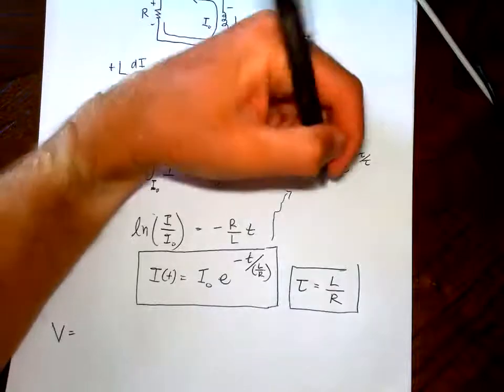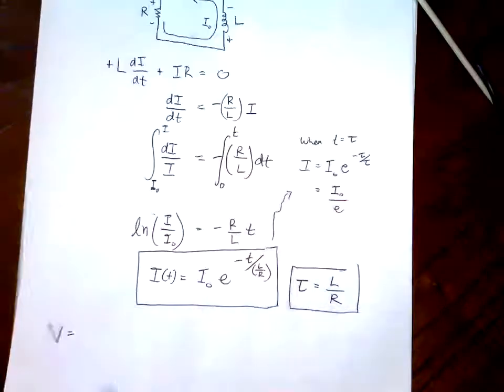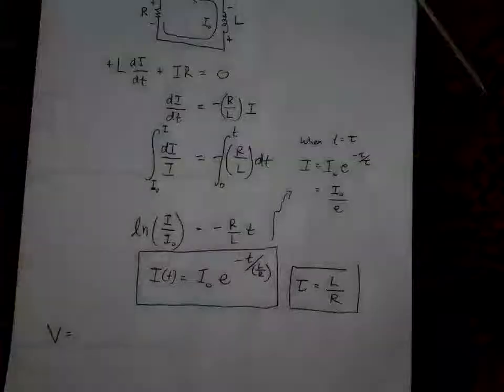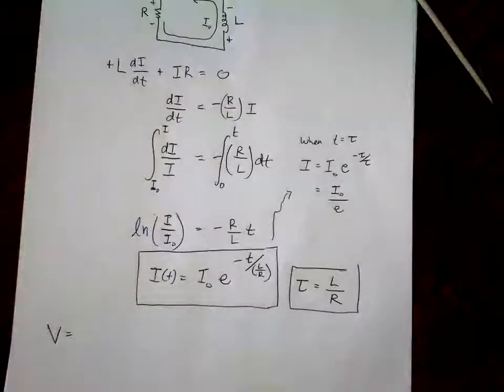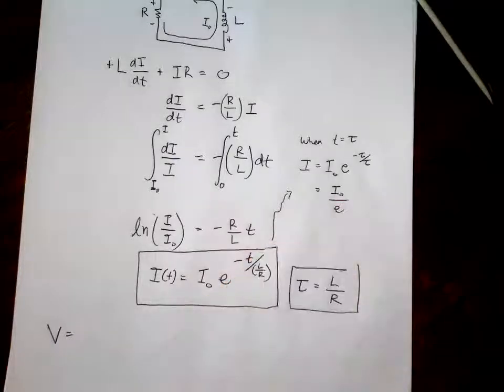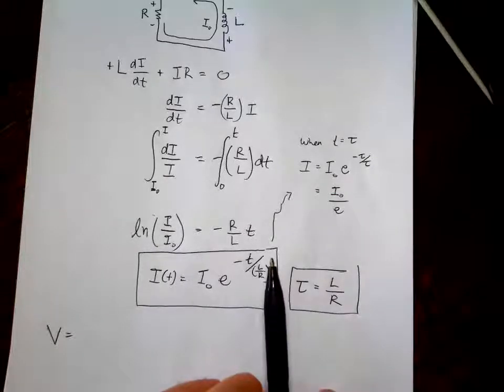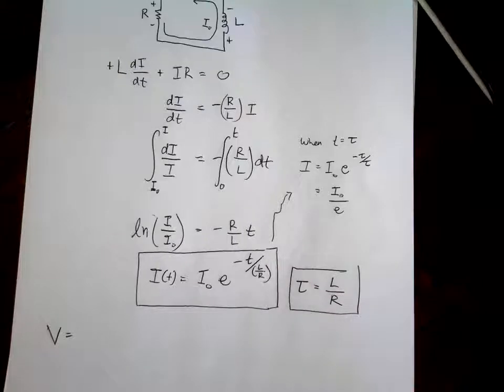So you get I naught divided by e. So every time constant, the current is divided by e, which is about 2.7. So that means that it goes to about a third of its original value every time constant.